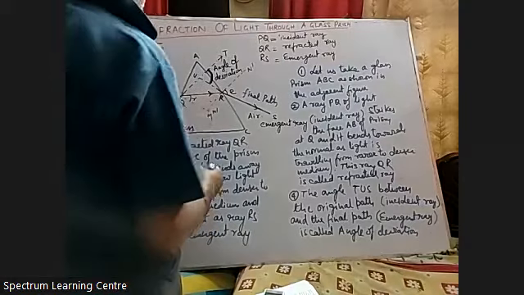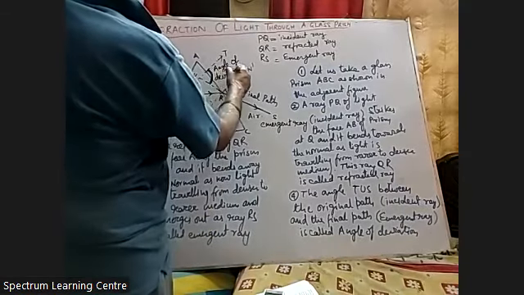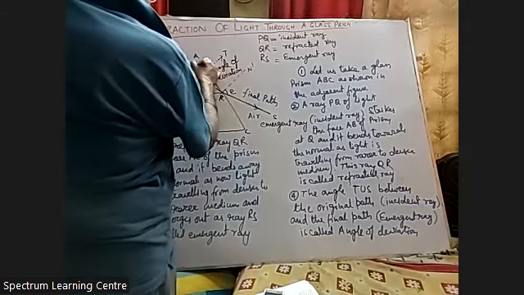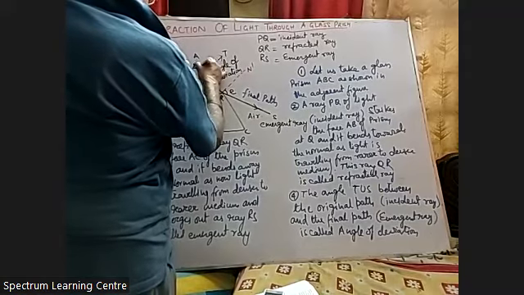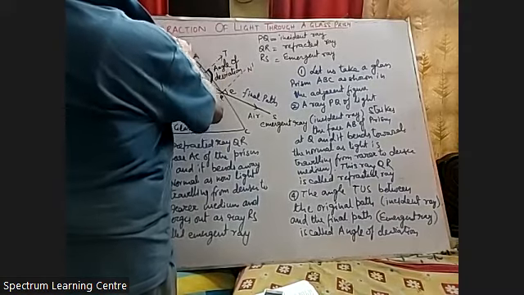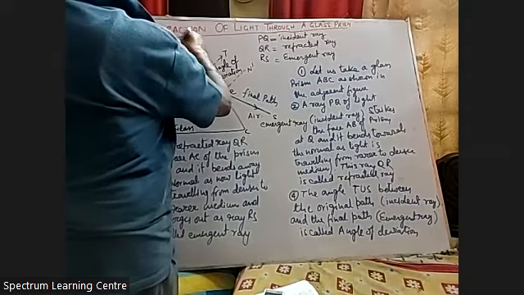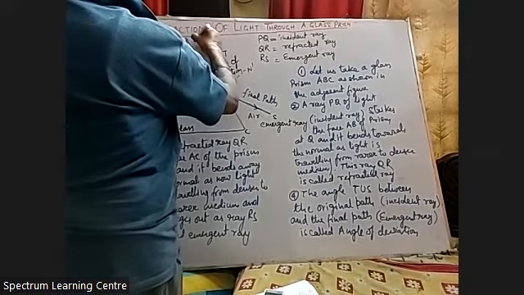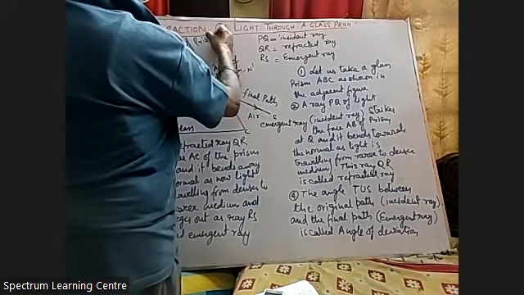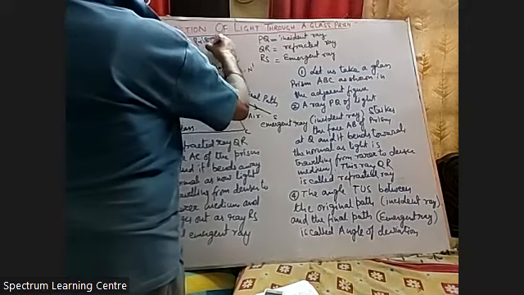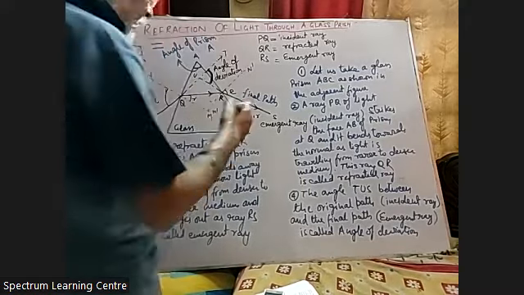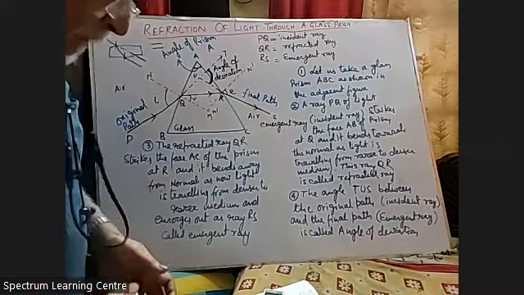That is why this is known as angle of deviation, and this angle is called angle of prism. It is not given in your book. Generally, we denote it by A only because we always take the prism as ABC.